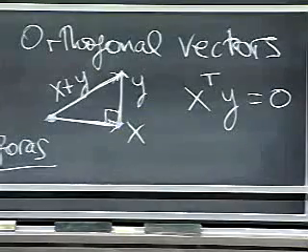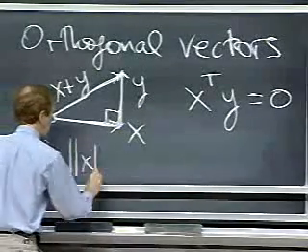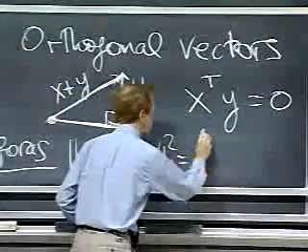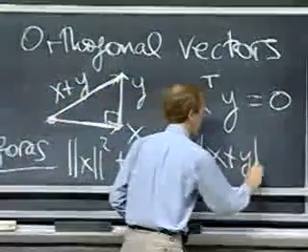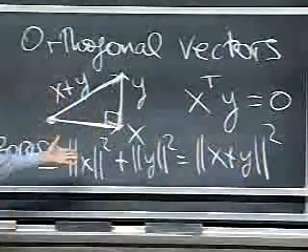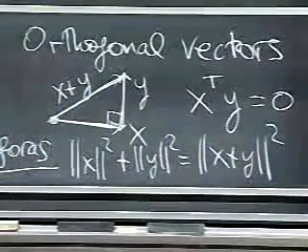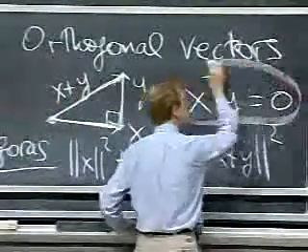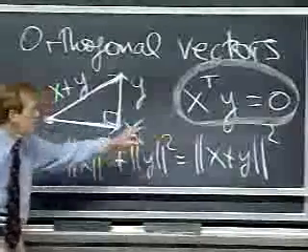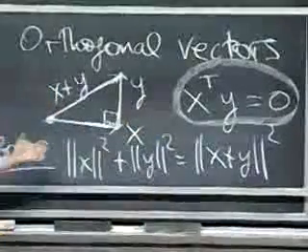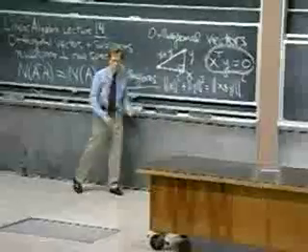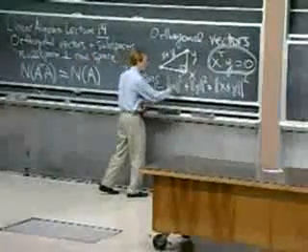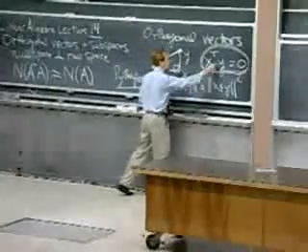Can I write it as x squared plus y squared equals x plus y squared? Now please don't think that this is always true. It's only going to be equivalent to orthogonality. For other triangles, of course, it's not true. But for a right triangle, somehow that fact should connect to that fact.